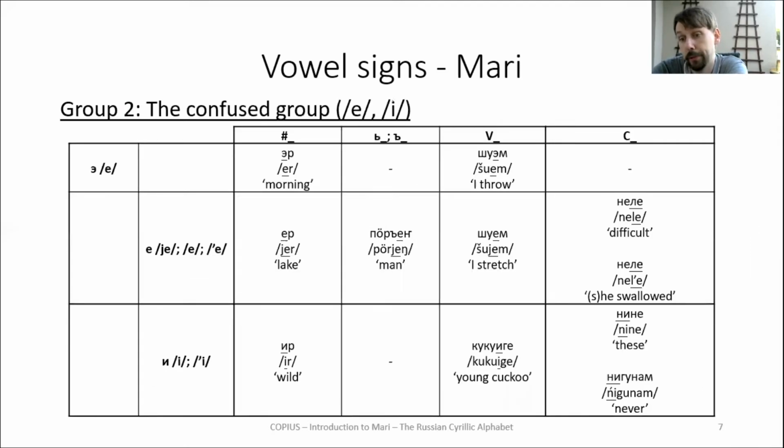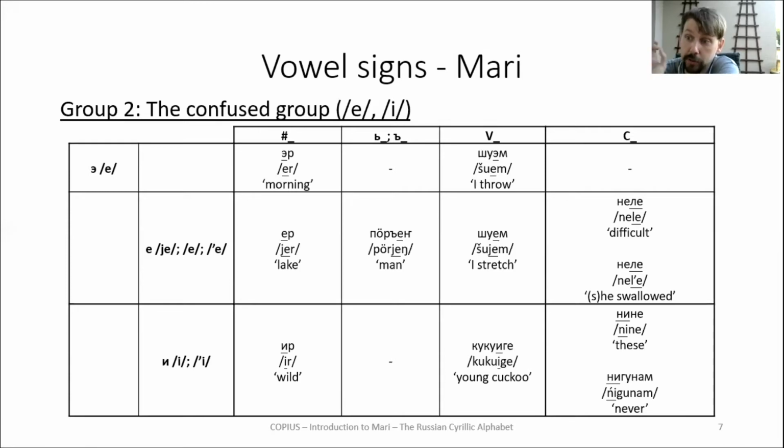The confused group, though, here things are tricky. When it comes to A, we have the two vowel symbols that we use in Russian too. We've got the hard E and the soft Ye, so to say. And they are used exactly as in Russian in the word initial position and after vowels.